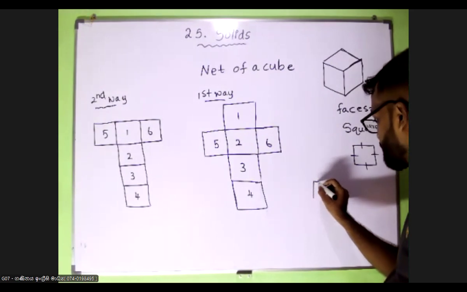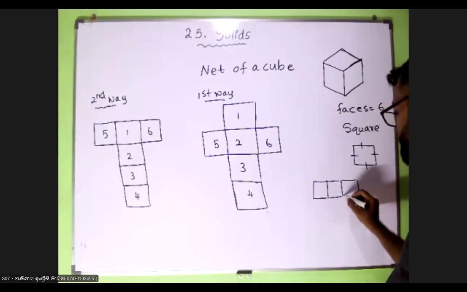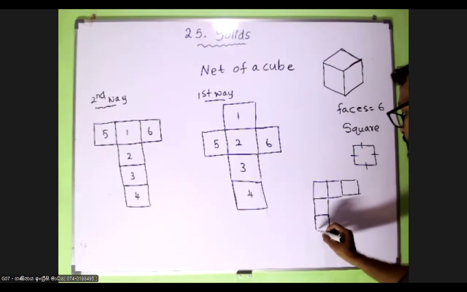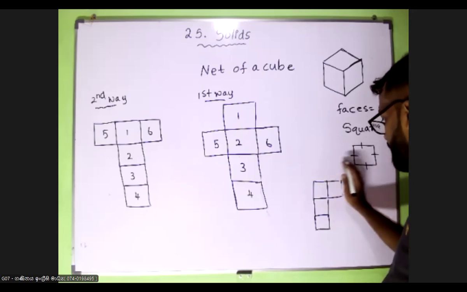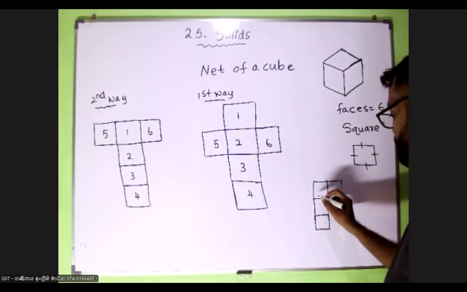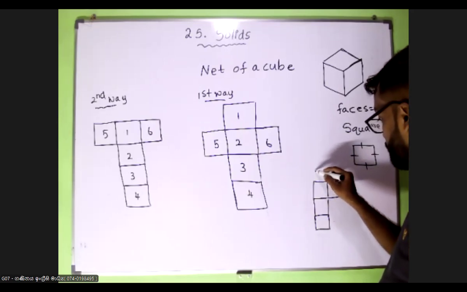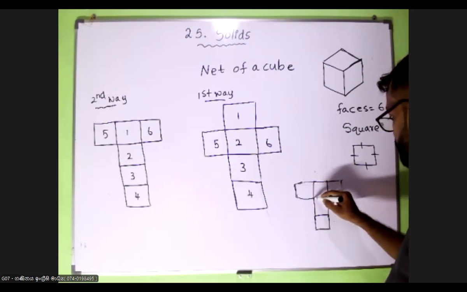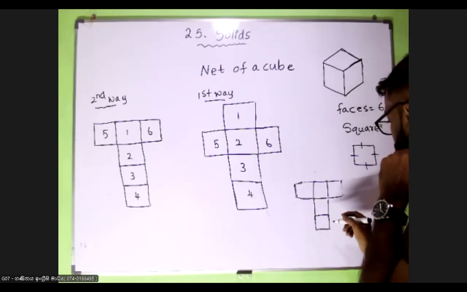I will draw it here. So it's the other way around. 2, 3, 4, five, and the last one.